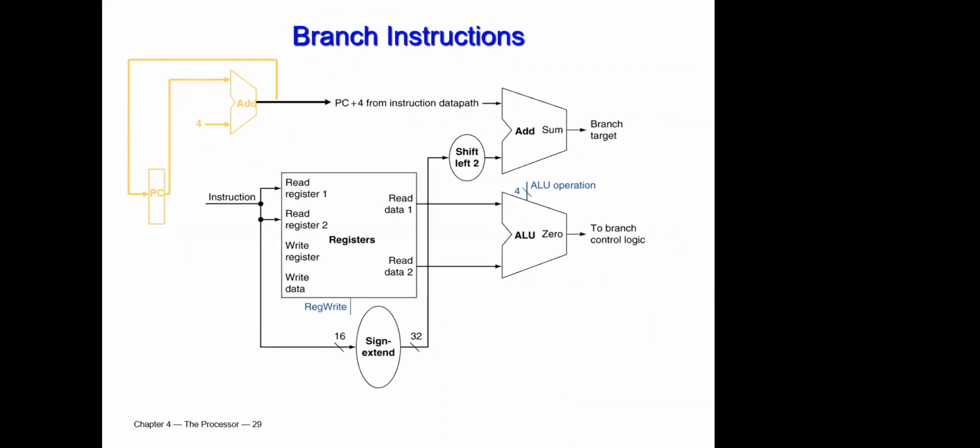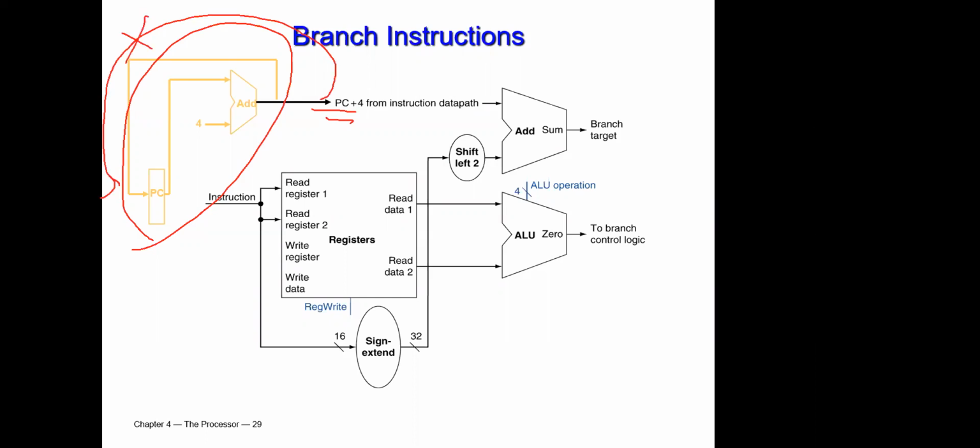Let's see how this is implemented. As you can see, I took this from before, which is updating the program counter plus 4. This update of the program counter plus 4 will not update the value now because I have a branch instruction. So this needs to be fed to another step to calculate the address of the next instruction to be executed.